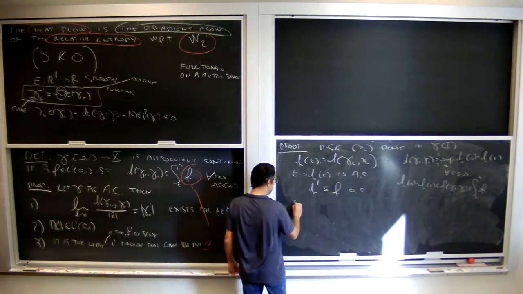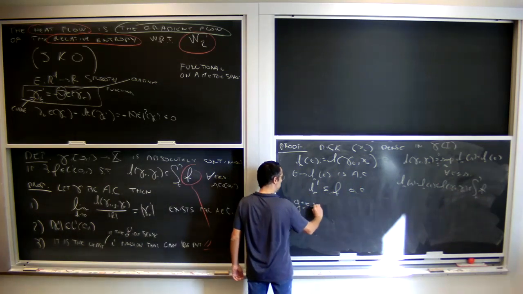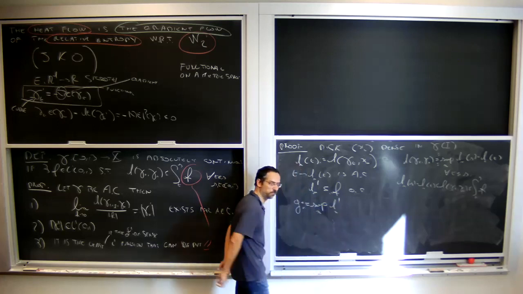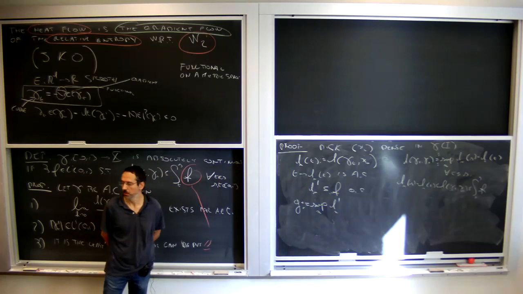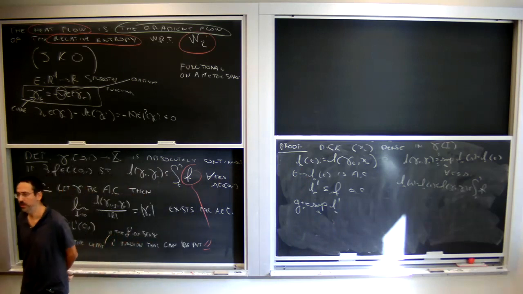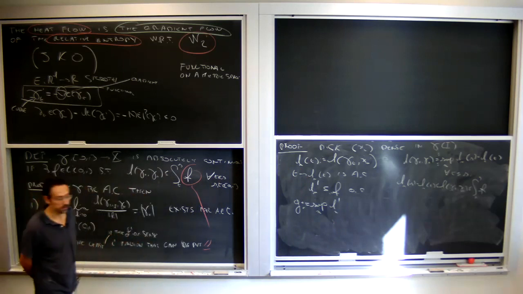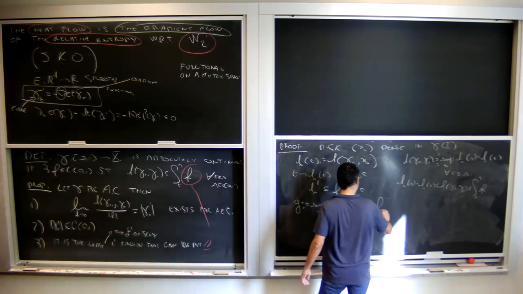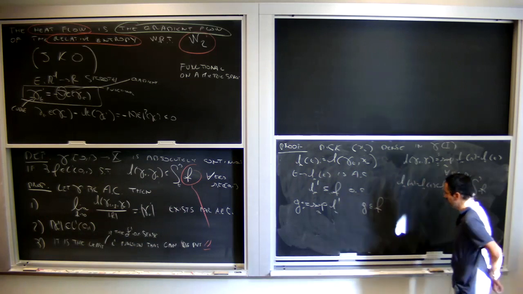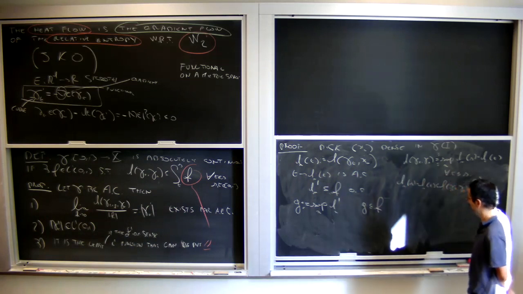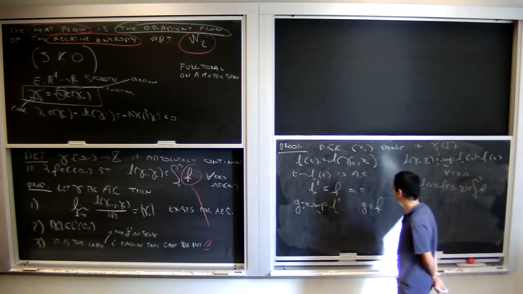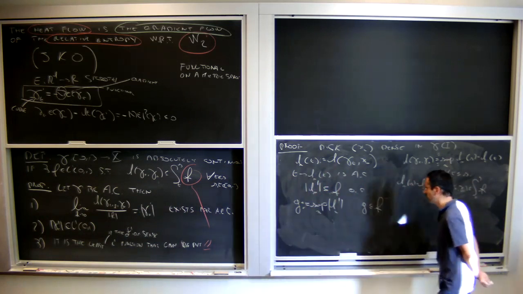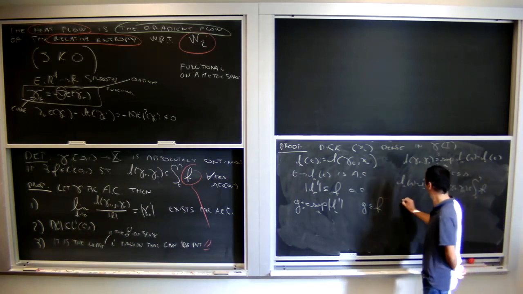Now I define G to be the sup in n of dn prime. G is a function well defined almost everywhere, and, of course, G is less or equal than f. And so G is in L1.